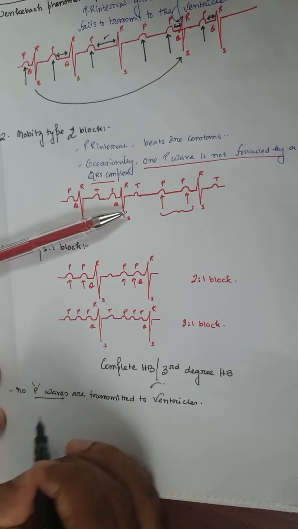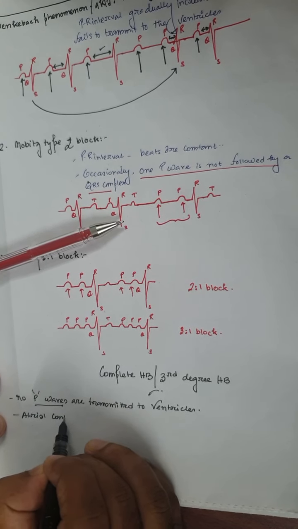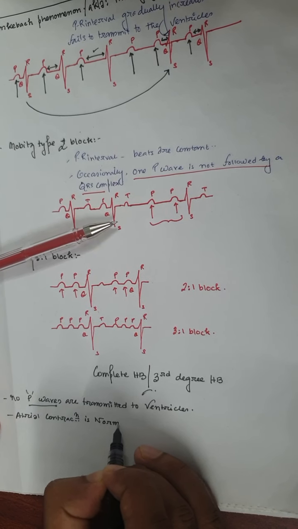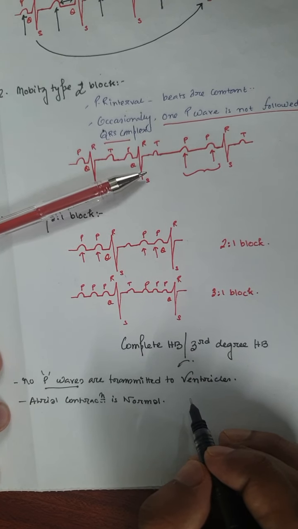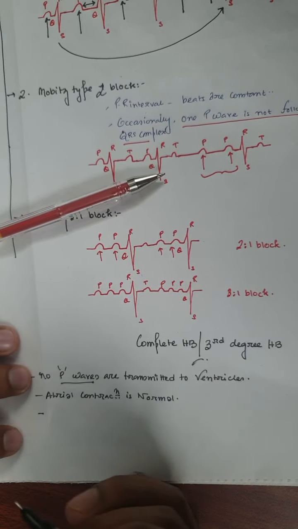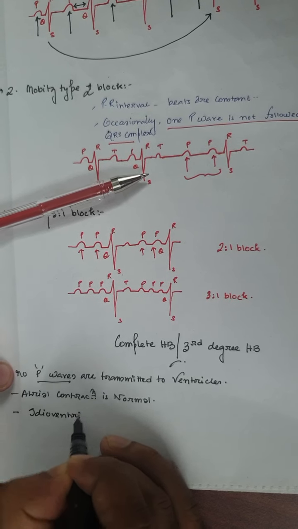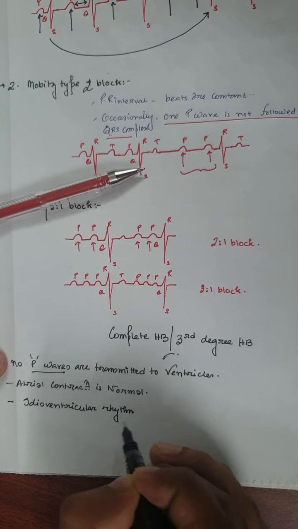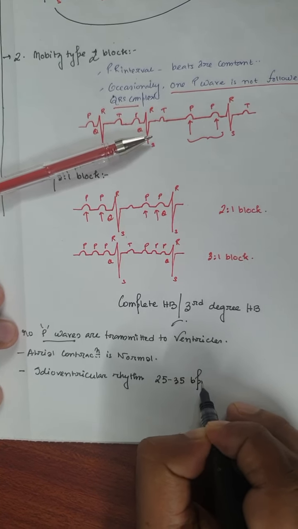So P waves are generating, that means atrial contraction is normal. But they fail to be conducted to the ventricles, and ventricles thereby beat to their own rhythm, and this is called idioventricular rhythm, which is normally 25 to 35 beats per minute.